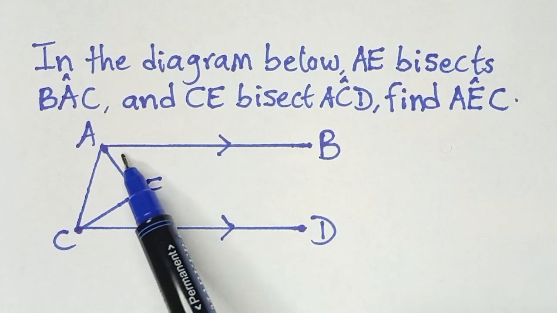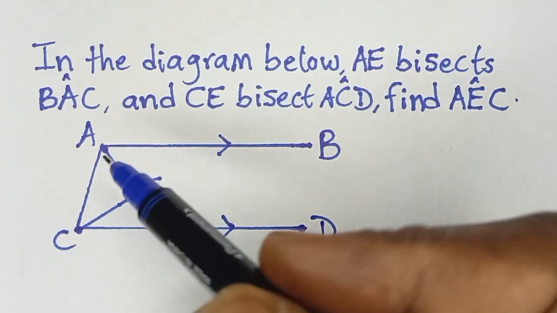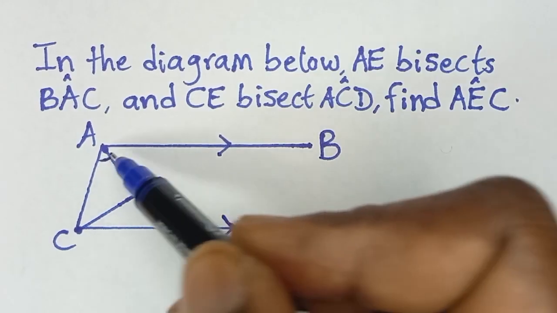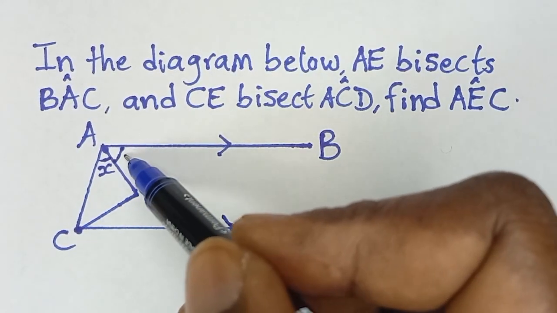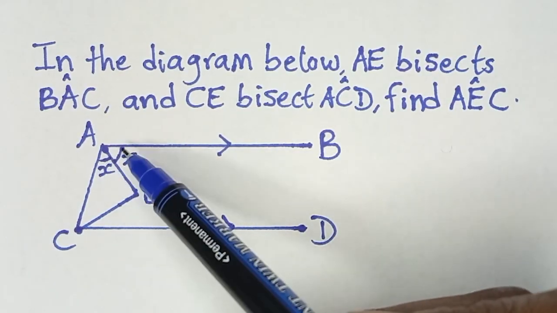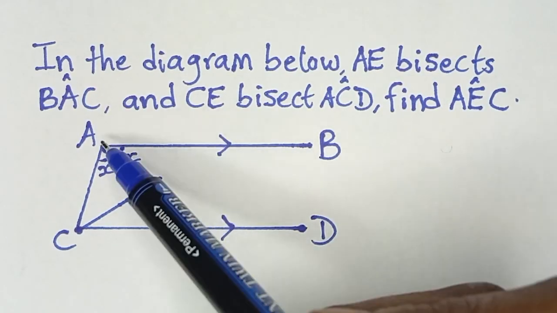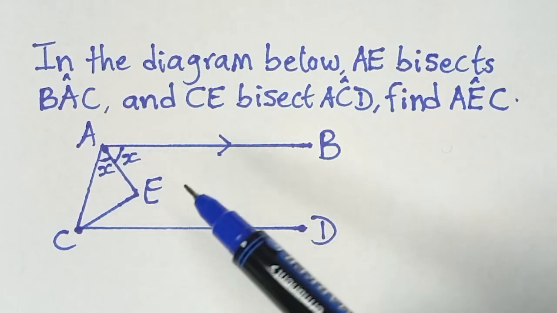To bisect means to divide it into two equal parts. So that means if this angle, for example, is x, this angle will also be x, because this line AE has divided the whole of angle BAC into two equal parts.